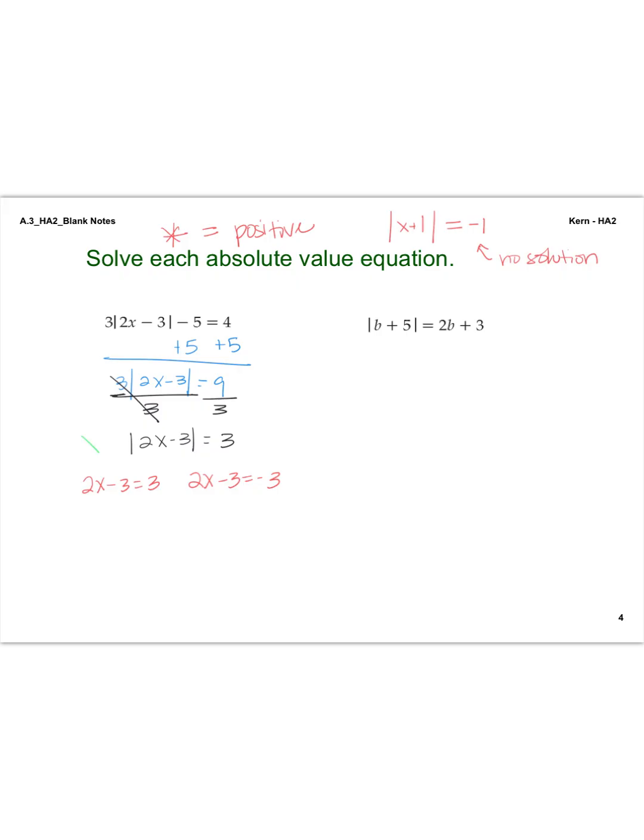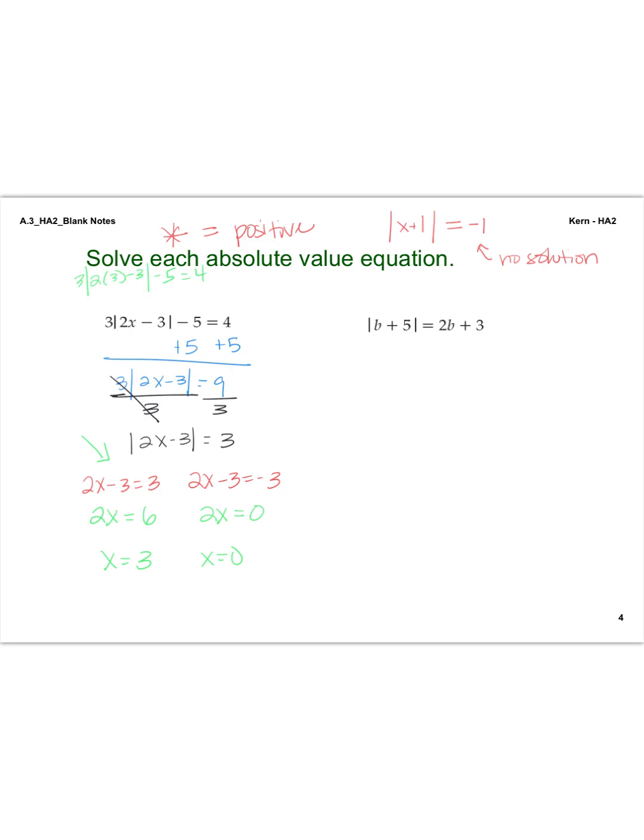Okay, so now I'm going to go back and solve these two. 2x equals 6, x is 3. Here 2x equals 0, x equals 0. So I'm going to plug these both back in to make sure that they make sense. So 3 times the absolute value of 2 times 3 minus 3, minus 5.